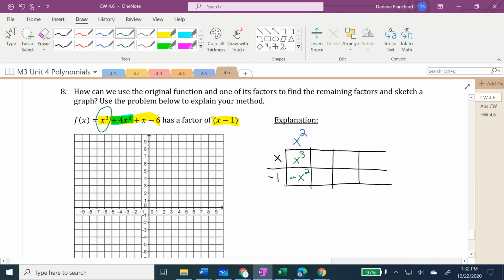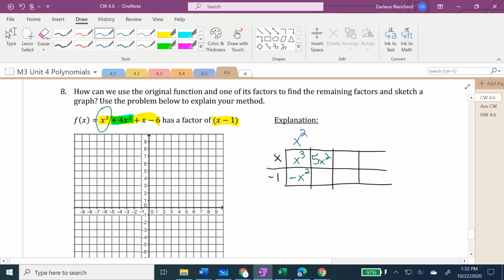So, negative x squared plus what will give me positive 4x squared? Negative x squared plus something gives me 4x squared. 5x squared, good.